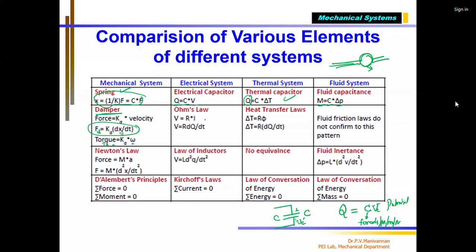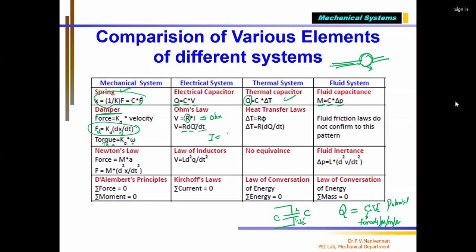Similarly, in an electrical system, the resistor is the energy dissipating element, like the damper. The voltage across the resistor is R times I. We call this Ohm's law: V equals R times the current flowing through the resistor. This can be written as voltage equals R times d by dt of Q. What is I?